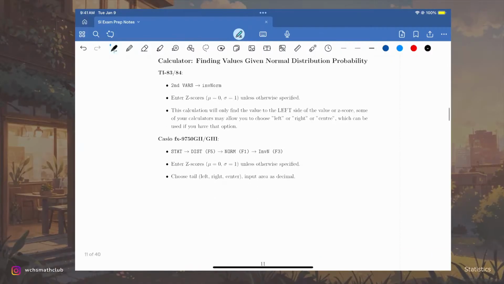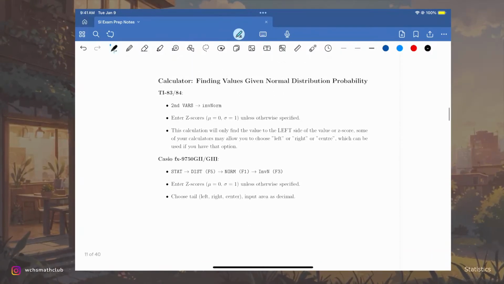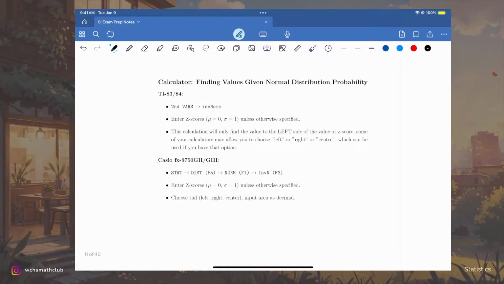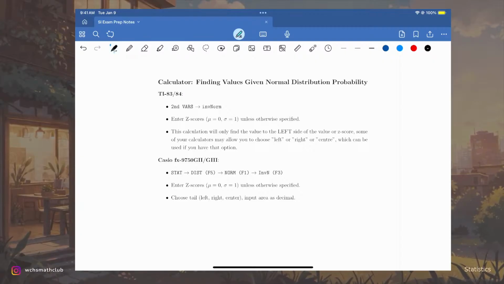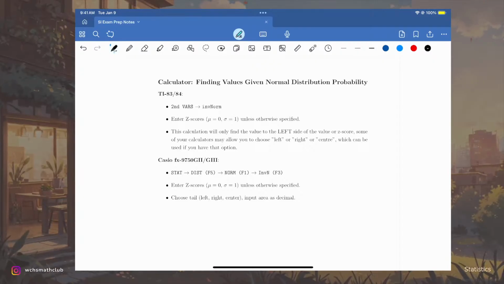And of course, you will be able to do the inverse of this as well. So this is called InvNorm on the TI. And what it does is, if you were given a probability and a mean and a standard deviation, you can see what that value is. In other words, I'll draw it out here.